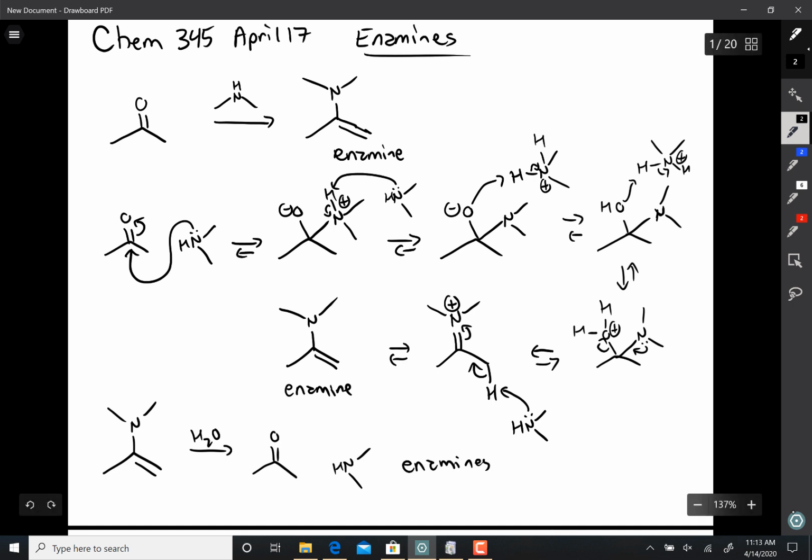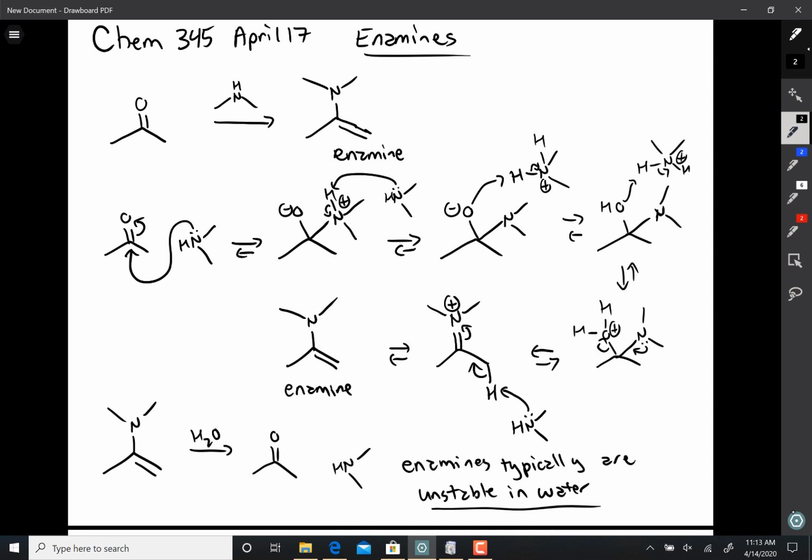And enamines typically are unstable in water, and they become a carbonyl and an amine.